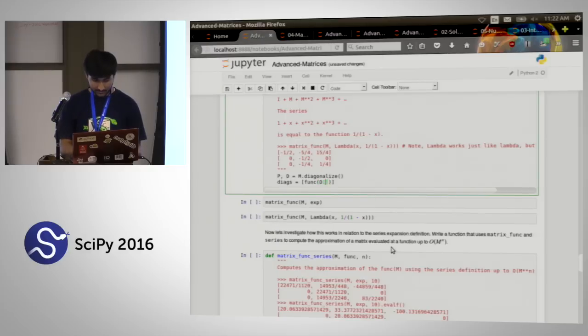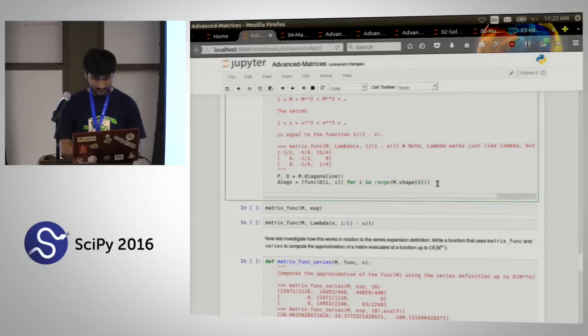So all the diagonals of matrix D would be i comma i for i in the range of the shape of the matrix. So now you can return that matrix M, the diagonalized version.